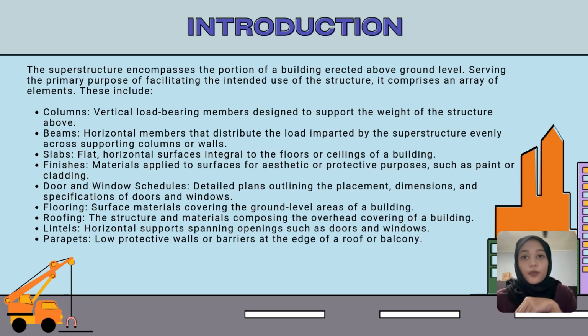And next is roofing, a structure and materials that form the overhead covering of a building. Lintels are horizontal supports spanning openings such as doors or windows. And last but not least are parapets, which are low protective walls or barriers at the edge of a roof or balcony.